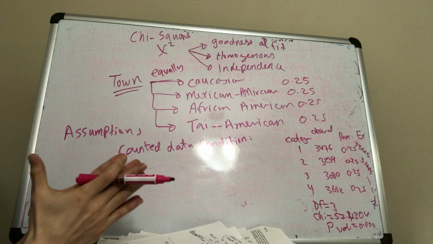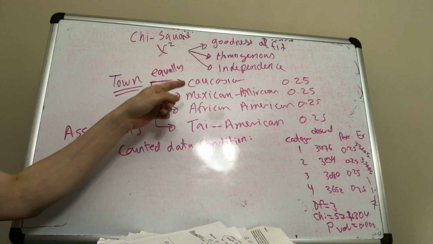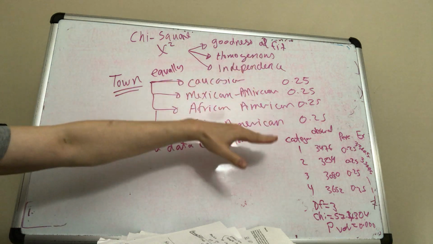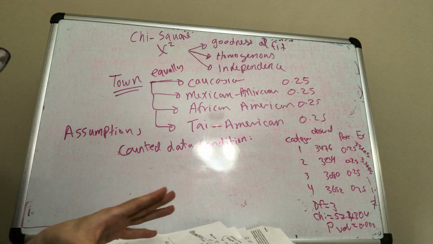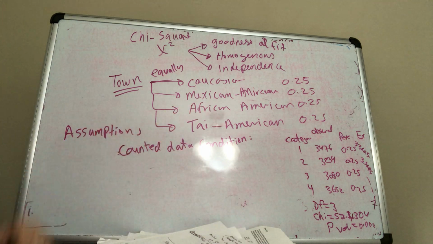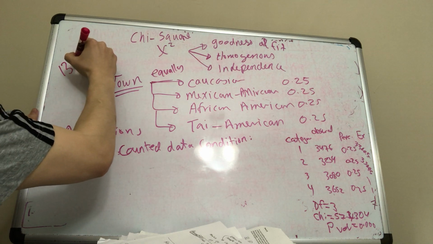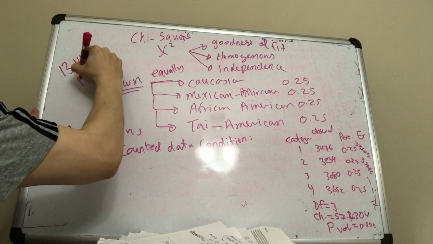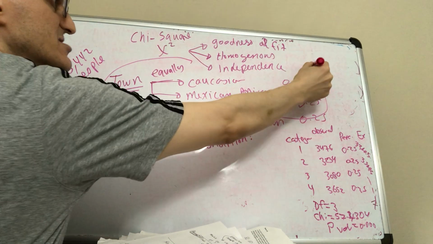First of all, when they did this study, I'll tell you the story. When they did this study, they believed that the 4 ethnicities, they're equally likely to have them, so 25% each. So that's what they believed. So they went to the town, they took a sample of 13,442 people. Again, this is what they believed.